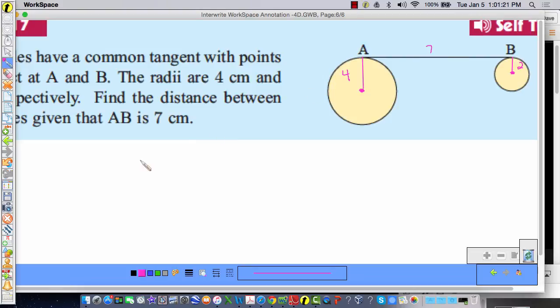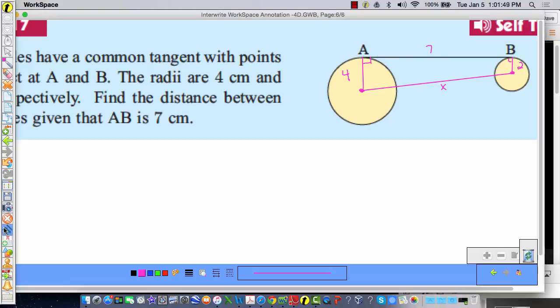And they want us to find the distance between the 2 centers, which I am going to call, I'm going to get crazy, X. Okay. Well, we know these are perpendicular here, that this is a right angle, and this is a very nice strategy you can use with this type of question. We know it's perpendicular because it's a radius drawn to a point of tangency in both instances.